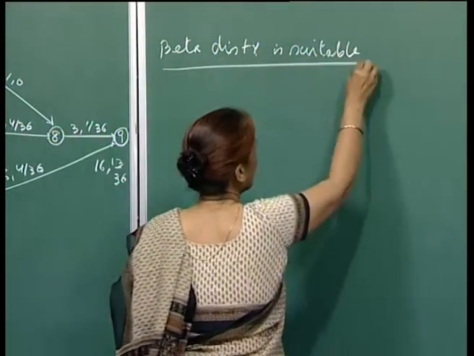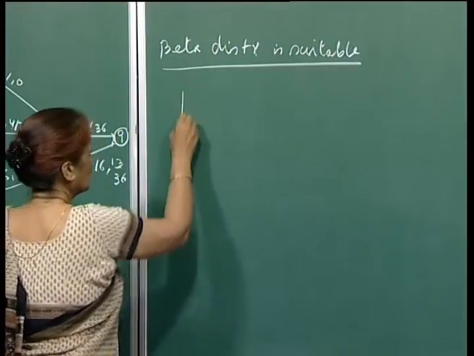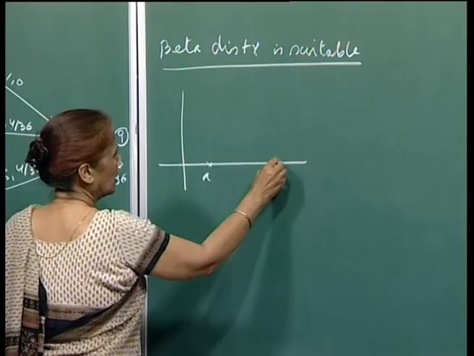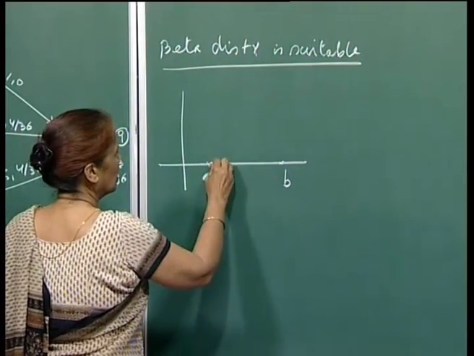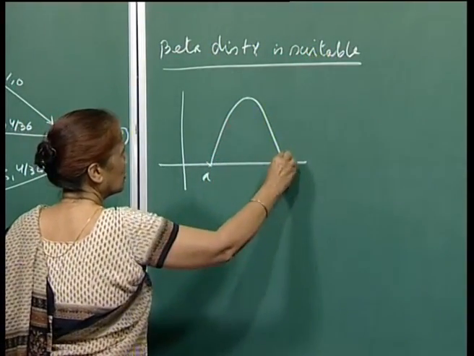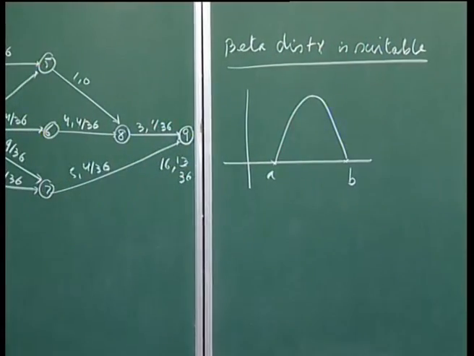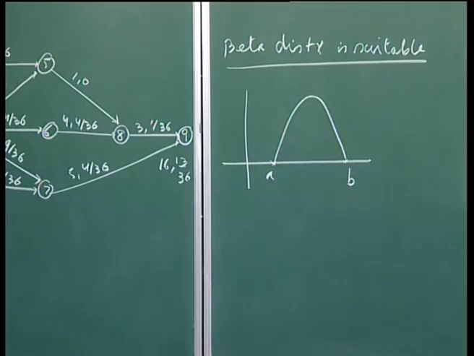for this situation. As you can see, the idea here is, if this is your A and this is your B, then it should not look so symmetric. I should try to make it a little asymmetric.